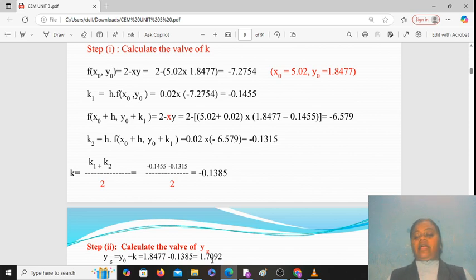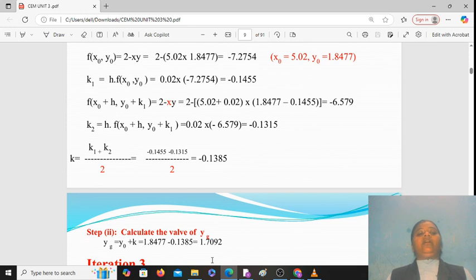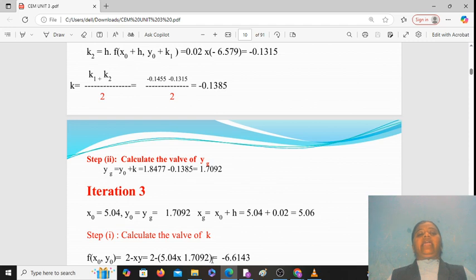which is equal to minus 6.579. We find the value of k2, which is equal to h into f(x0 plus h, y0 plus k1), which is equal to 0.02 into minus 6.579, which is equal to minus 0.1315. We calculate k, (K1 plus K2) divided by 2.